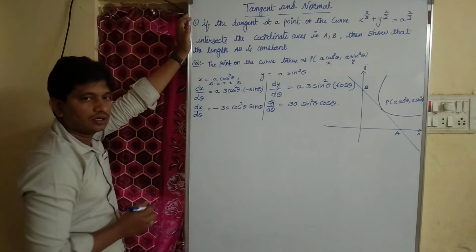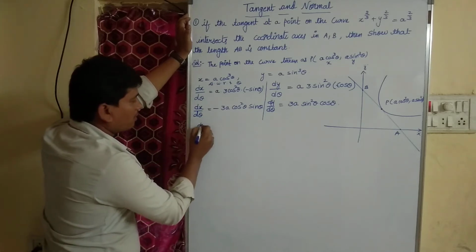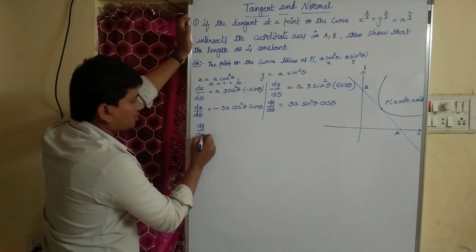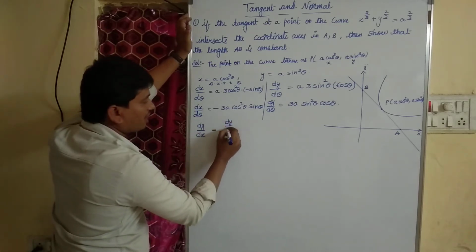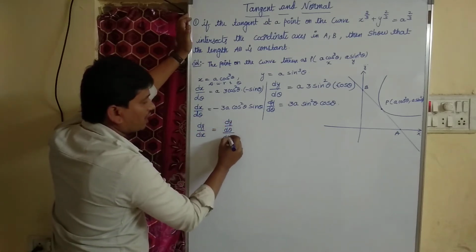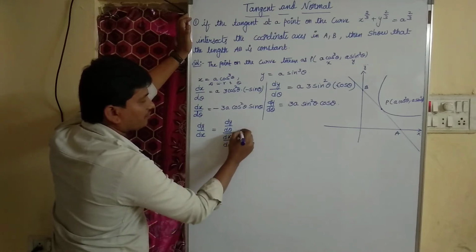Okay, so let us find dy by dx, as dy by dx is nothing but dy by d theta divided by dx by d theta.